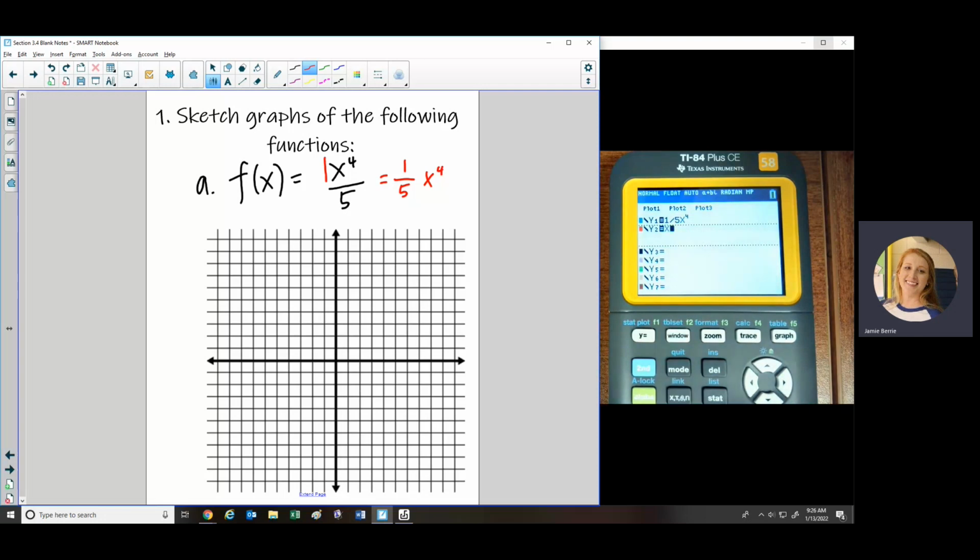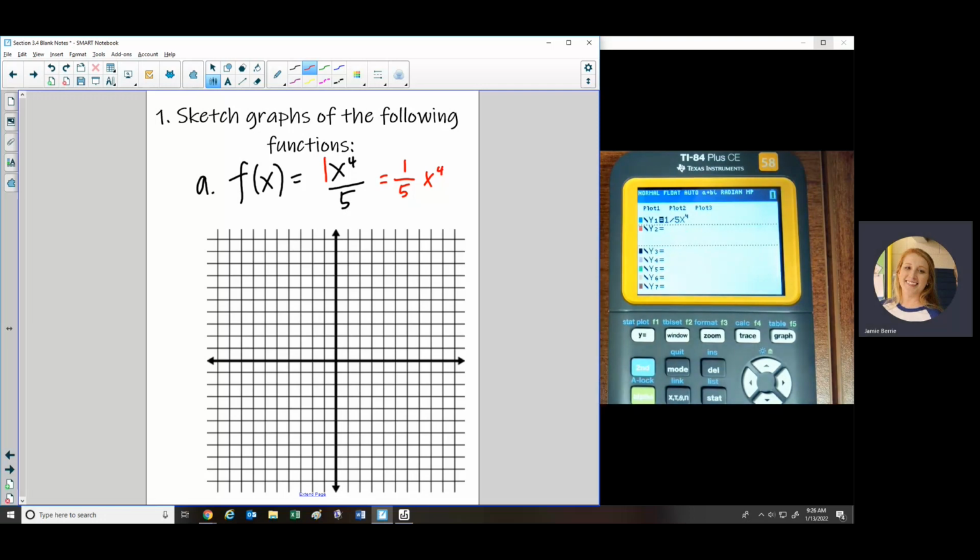So you don't want to do something like this, x to the 4th over 5. So you can see we're not dividing the entire term by 5. We're just dividing the exponent by 5. So make sure if you're writing it that way that you get out of the exponent before you type that divided by 5 part. Okay, so those are exactly the same.